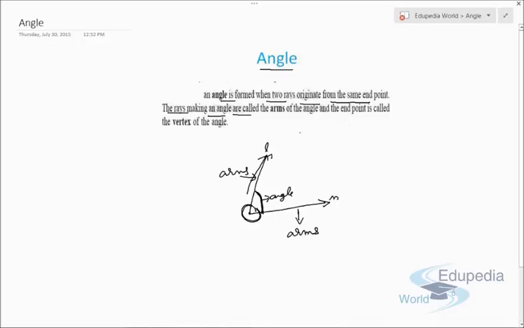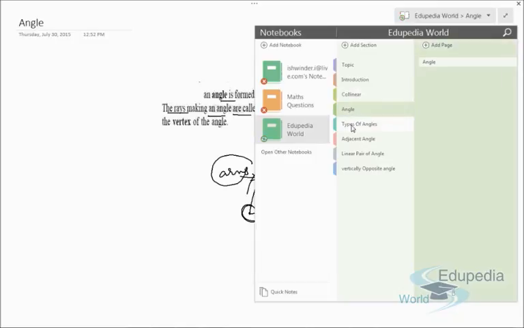And the end point is called the vertex, meaning this point is the vertex of an angle. So an angle has three parts: the degree of inclination, which is the angle; the arms, which are the sides of the angle; and the end point, which is known as the vertex of the angle.